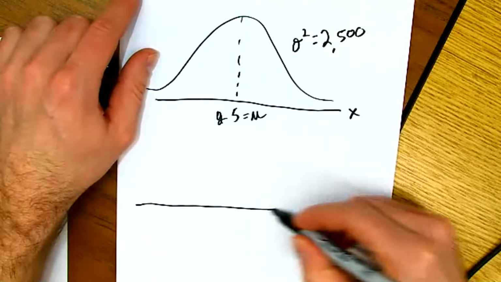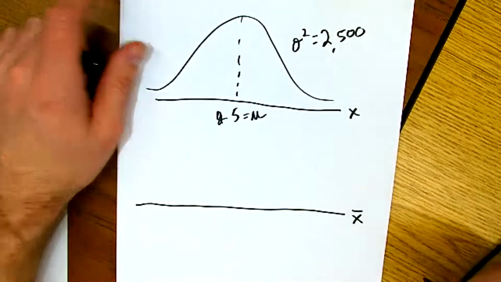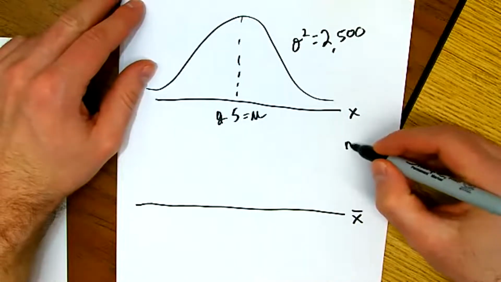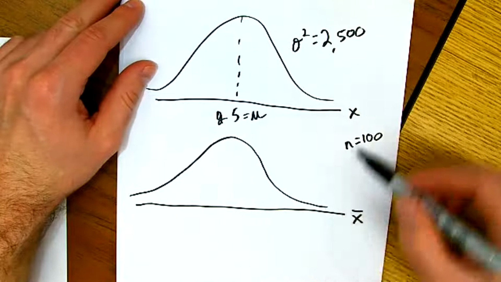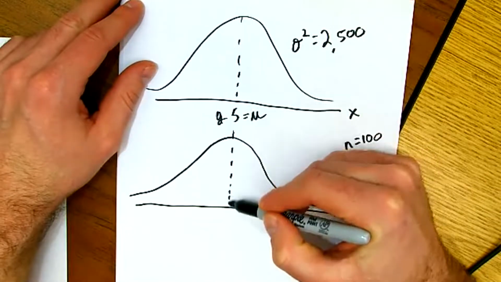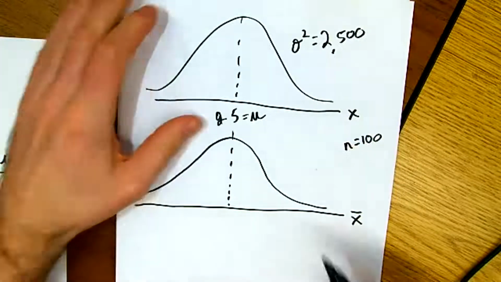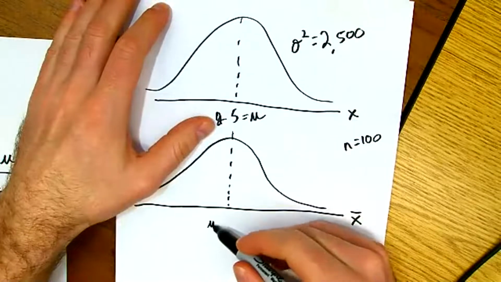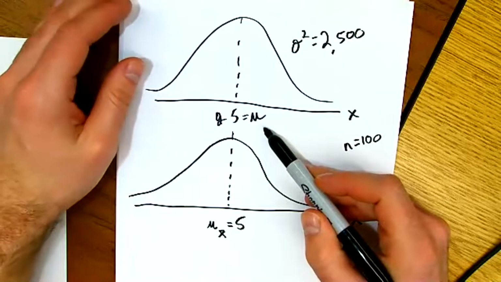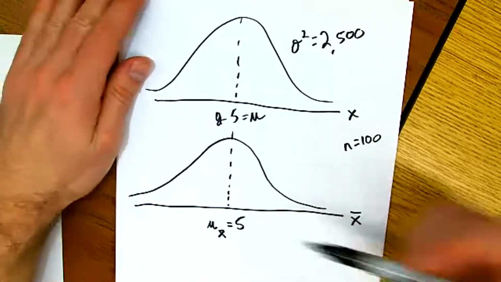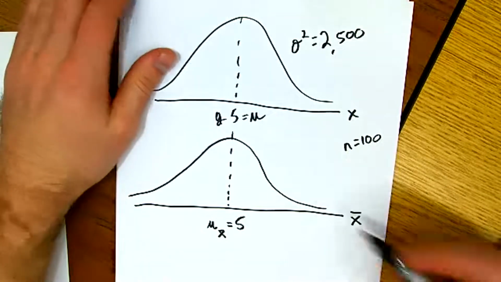So with that information, what we know is going to be true about our sample means, if we take samples of size 100, well, the central limit theorem is met. That's definitely greater than 30. So my sample means will be normally distributed around whatever that population mean was. So it's going to have the exact same mean as the data we sampled from.